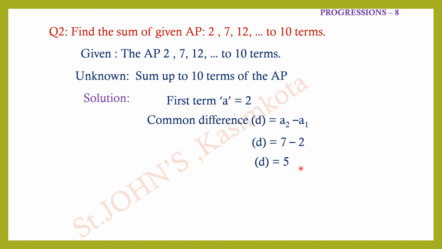So the first term is 2, common difference d is 5, and n represents 10 terms. n means 10. We have to find the sum of 10 terms. We know that the sum of the first n terms of an AP is Sn equals n by 2 into 2a plus n minus 1 into d.